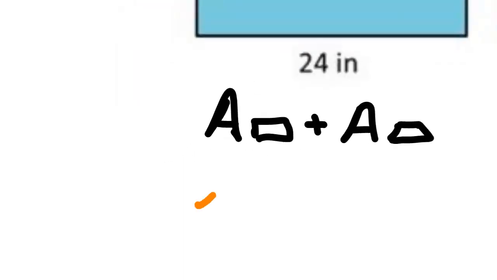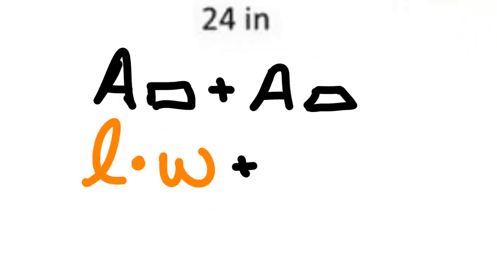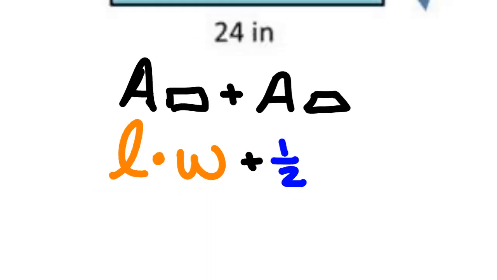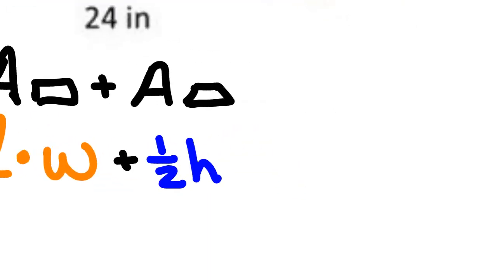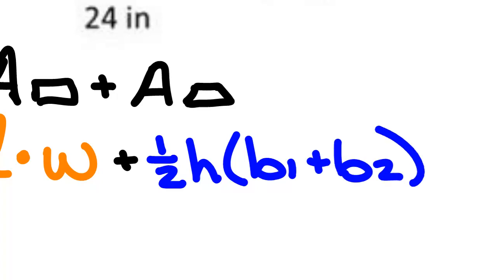Area of a rectangle we just used, that's length times width. Area of a trapezoid, this is the one that's like the triangle, 1/2. We have 2 bases and 1 height. So height times base 1 plus base 2.